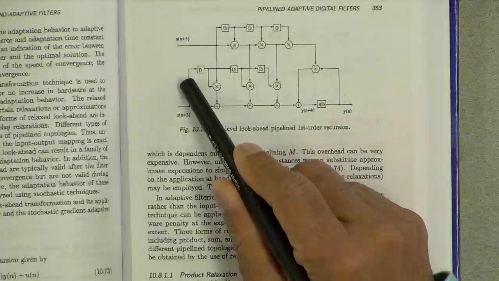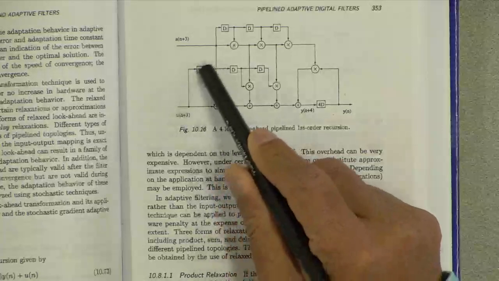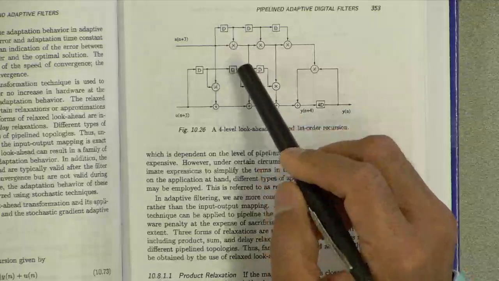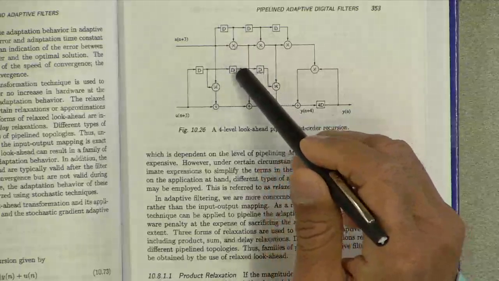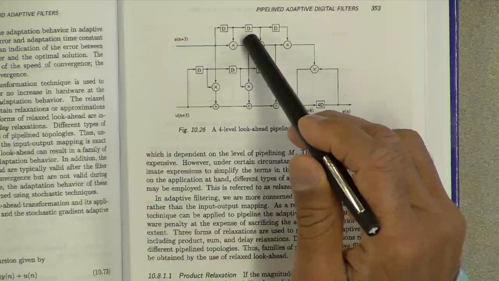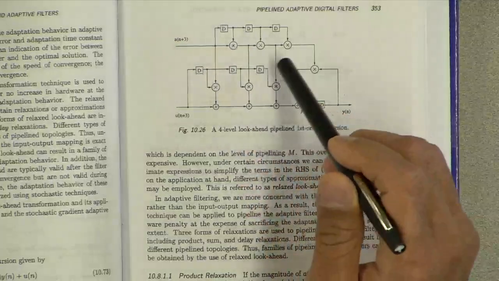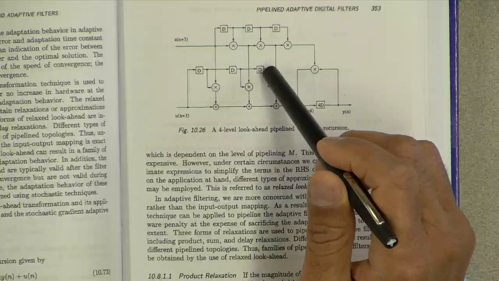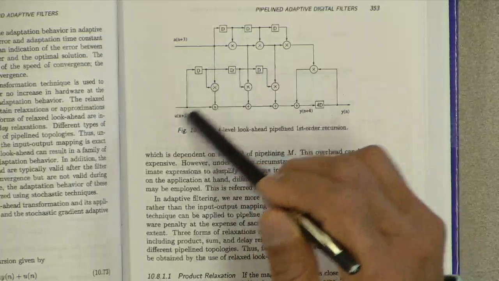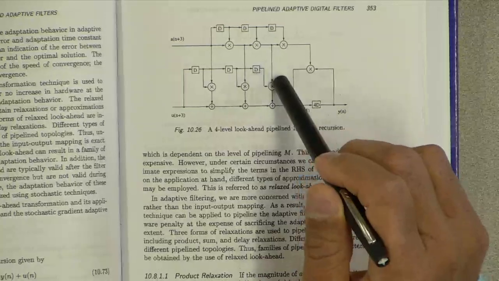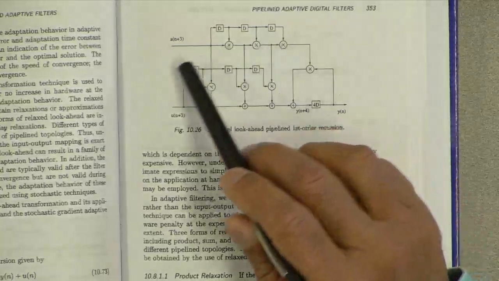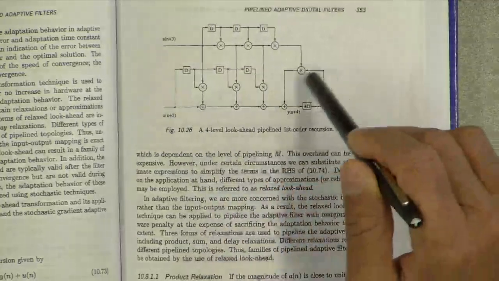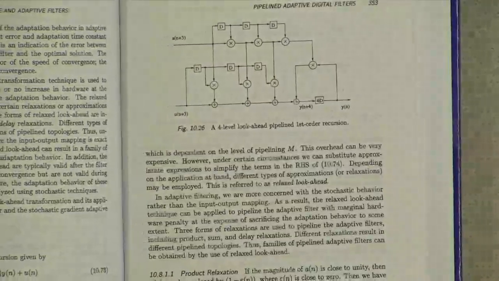So u(n+2), there is 3 delayed by 1, u(n+2) times a(n+3), and then u(n+1) times a(n+3) times a(n+2), and then u(n), 3 delays, u(n+3), so u(n) times a(n+3) times a(n+2) times a(n+1), and add them up, and that's going to be the pre-computation part.